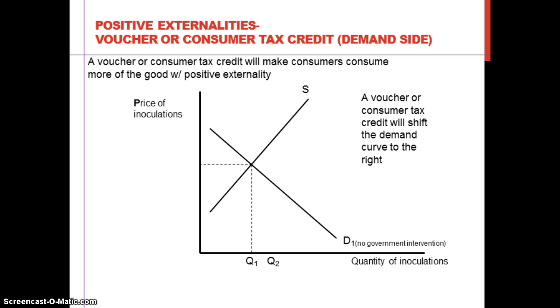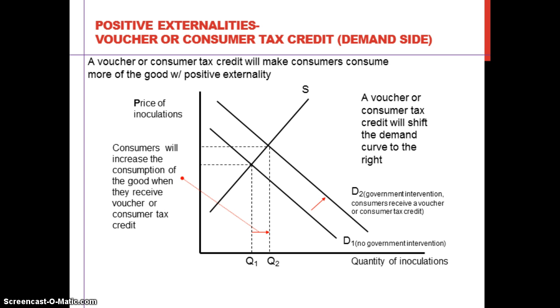A typical government intervention to correct such underproduction is a voucher or consumer tax credit. The government might give consumers a voucher or tax credit, and as a consequence, consumers will increase the consumption of inoculations because they receive the voucher or consumer tax credit.